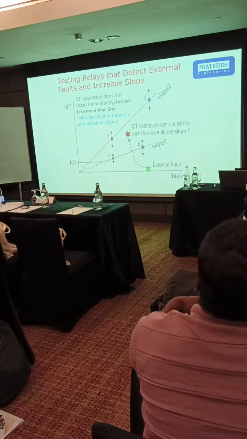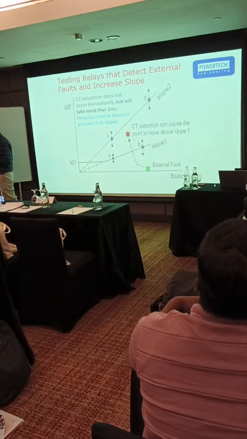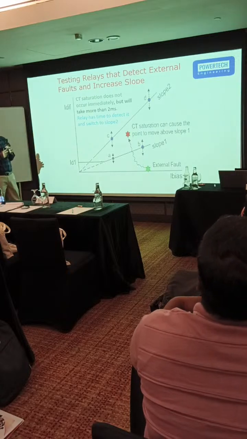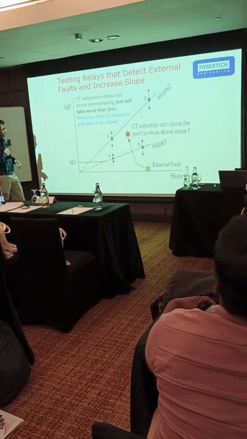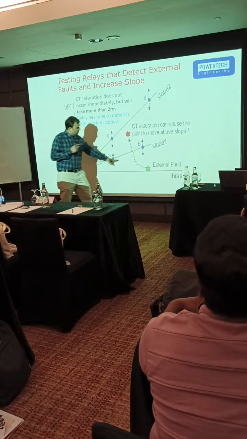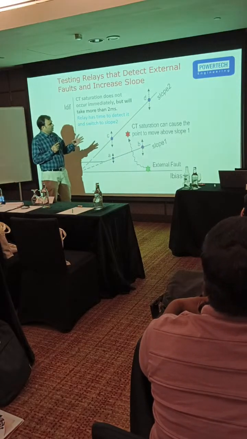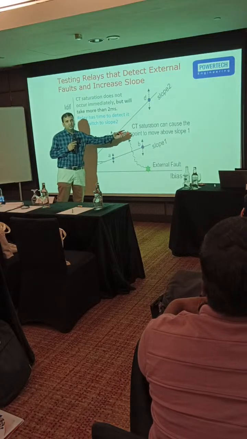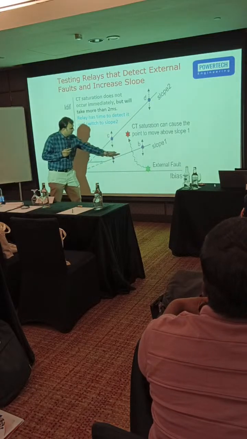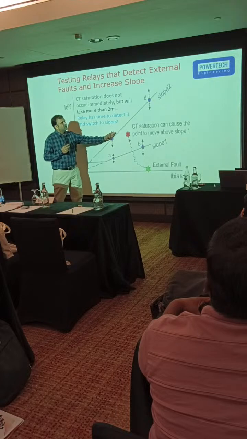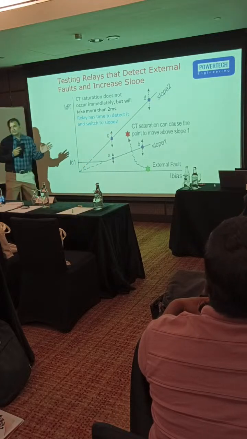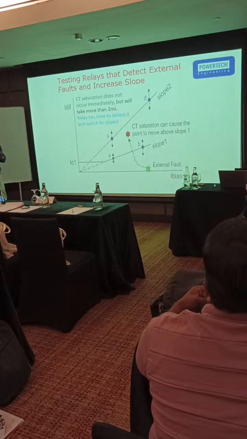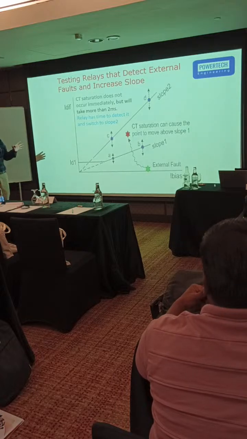We have seen that the characteristic is mostly like this, but in the SEL 487, if you see, they have this characteristic, and if CT saturation or these conditions happen, then this moves to here. So this is the dynamic characteristic, and I think in some Siemens relays also they have implemented it.